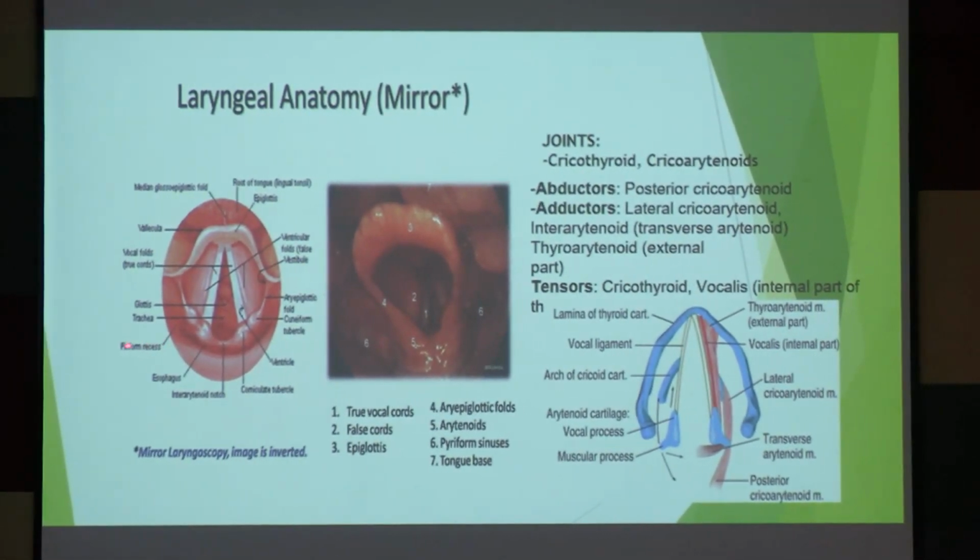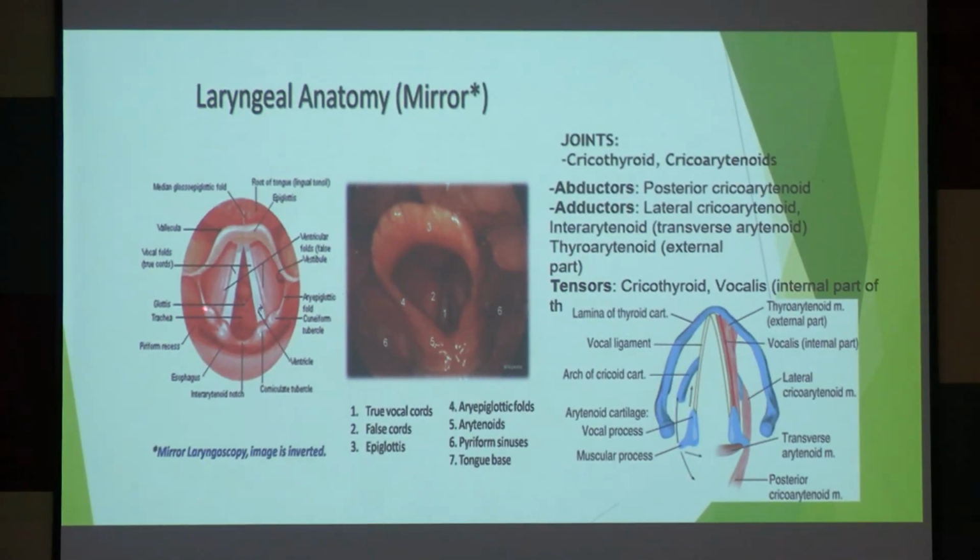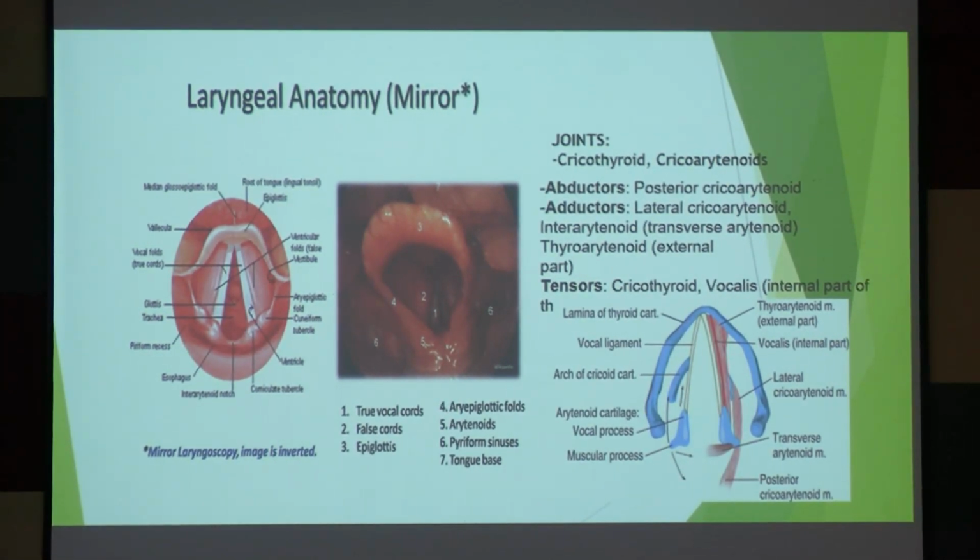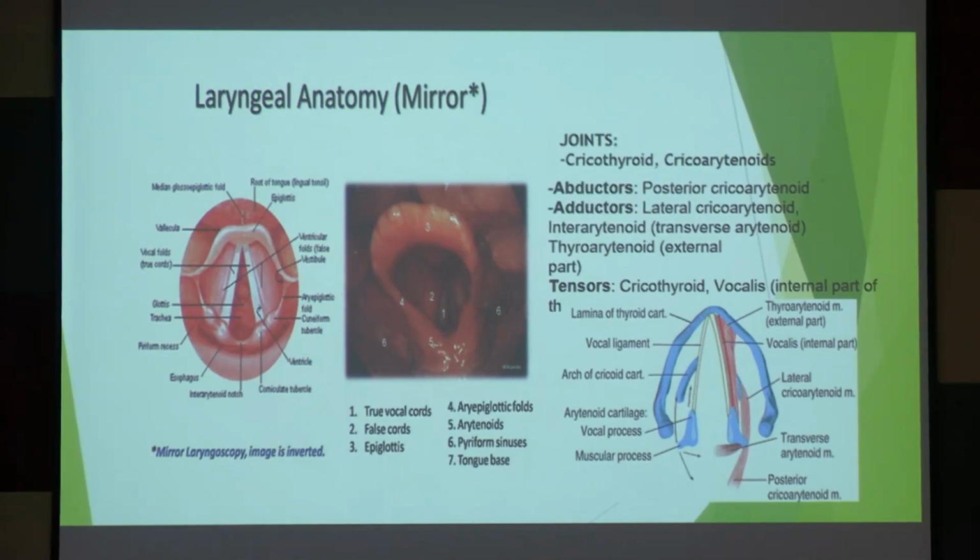One is the arytenoid cartilage, and there are two other rudimentary cartilages. What are the names? Cuneiform and corniculate. Okay. Just here is the pyriform fossa, and this space is known as the post-cricoid space because it is just behind the interarytenoid muscle.